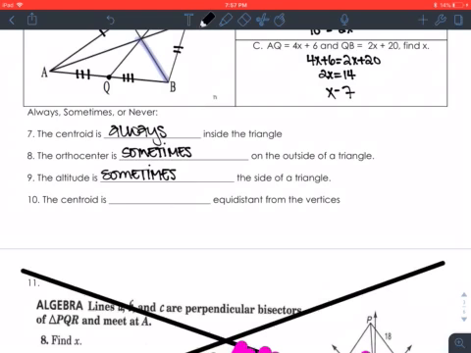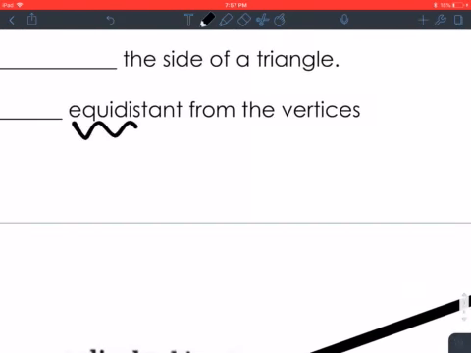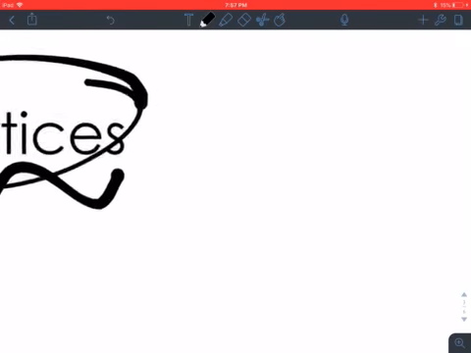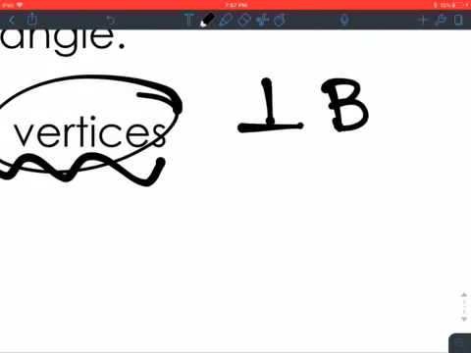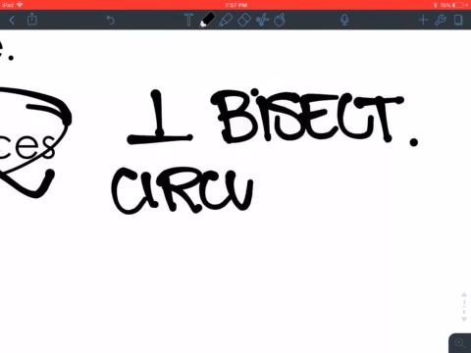Now, the last one says the centroid is always, sometimes, or never equidistant from the vertices. So here's the thing: when we're talking about equidistant from the vertices, what that normally makes us think of is perpendicular bisectors. And the point of concurrency with perpendicular bisectors is the circumcenter.